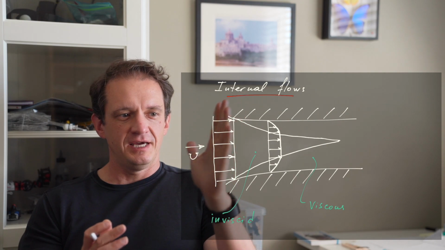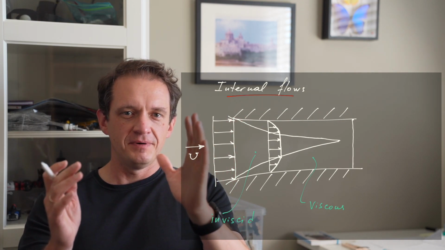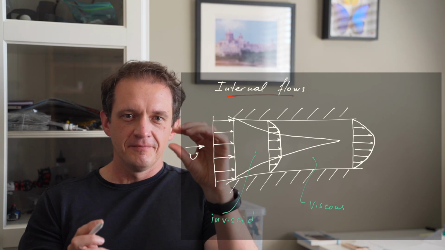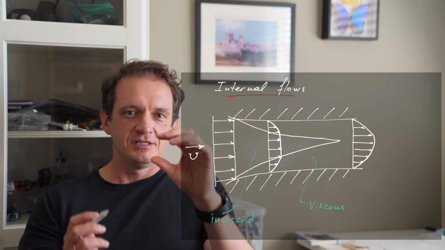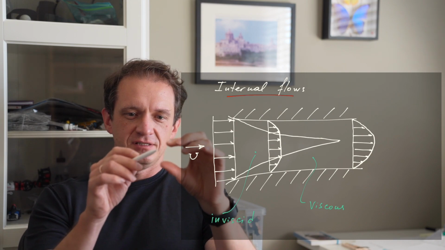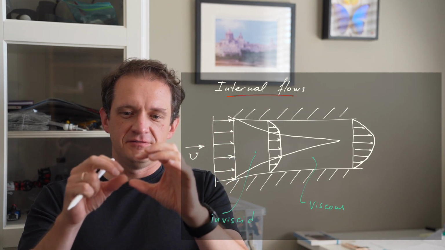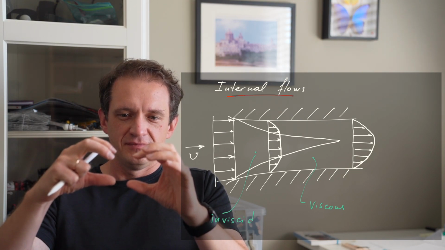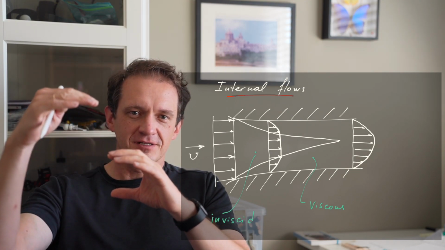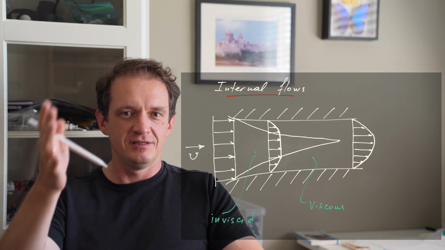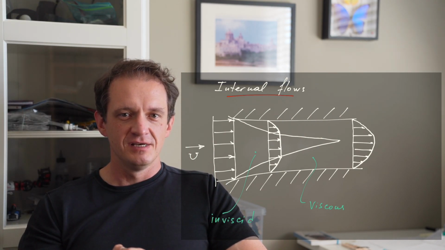So at the entrance to the pipe, in the region near the center line, the flow is initially irrotational and inviscid, and the boundary layers grow on the walls, and as the viscosity affects more and more fluid particles away from the walls, eventually the boundary layers merge and the entire flow becomes viscous.